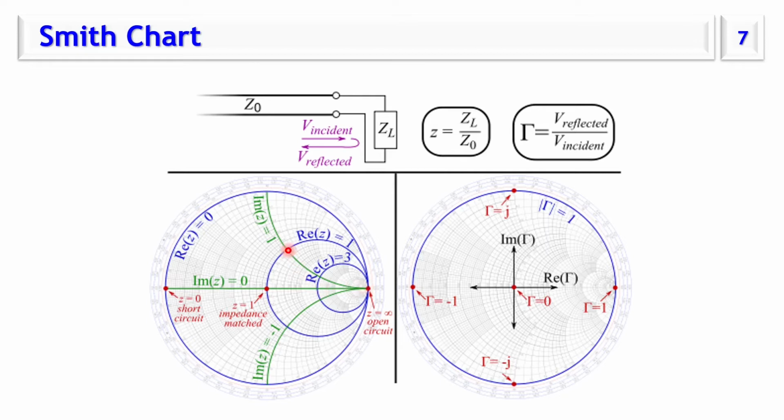The constant reactance circles always have the center on the line here, gamma equal 1, and they are changing. They can be on the positive side and negative side, and we have those numbers drawn on the Smith chart.